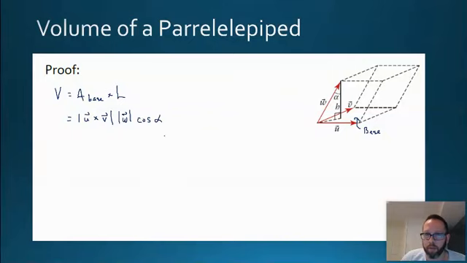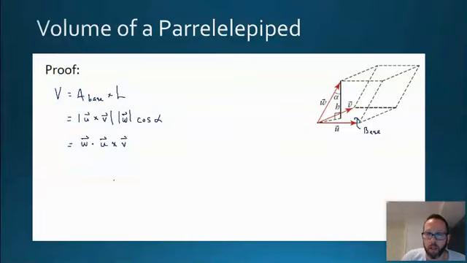Now, this should look familiar. This is the very definition of the dot product between two vectors, where those two vectors are u cross v and w: w dotted with u cross v. So that's it. The proof actually wasn't very complicated.